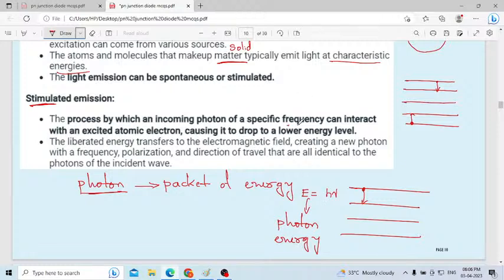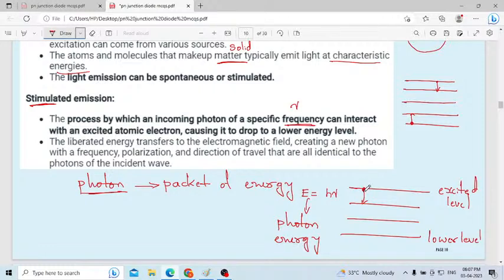That is also very important. Frequency nu can interact with an excited atomic electron. Yes, this electron is already in the excited level. This level we will consider as an excited level. This one we will consider as a lower level, otherwise ground level. These orbits are excited levels only. These electrons are already in the excited level.